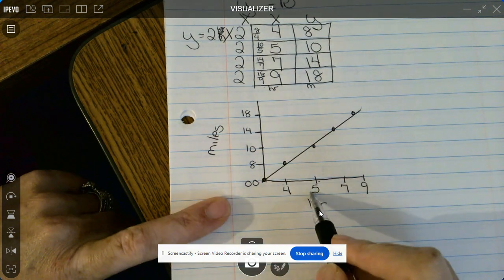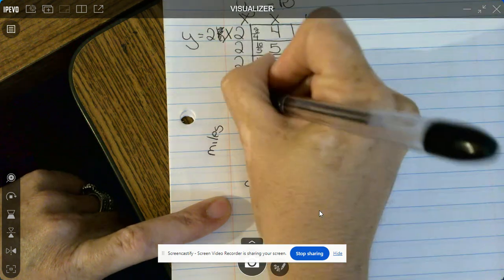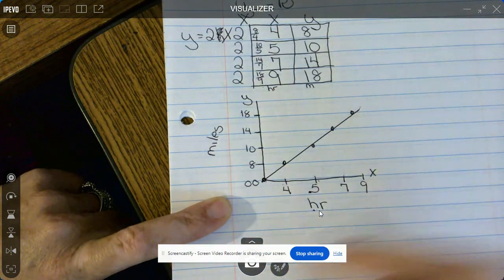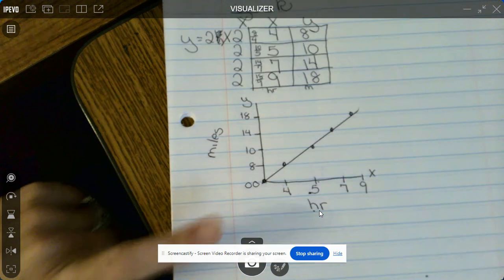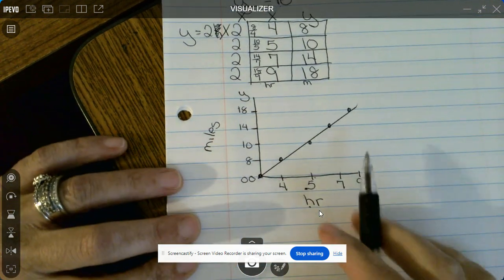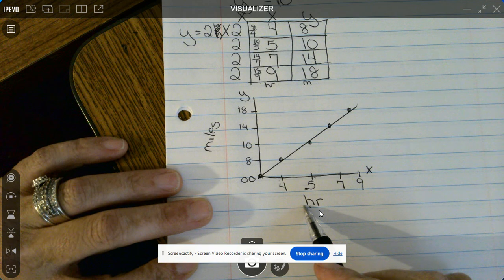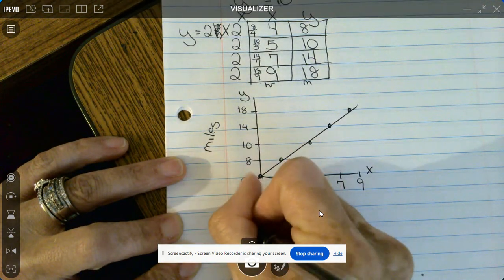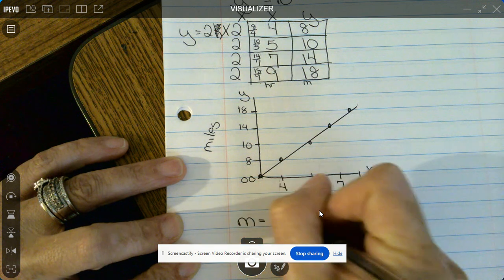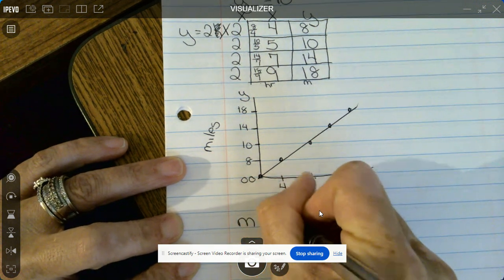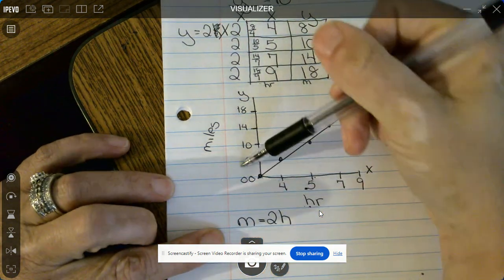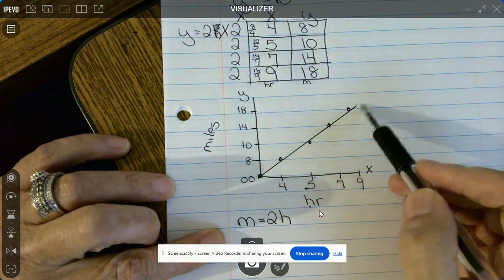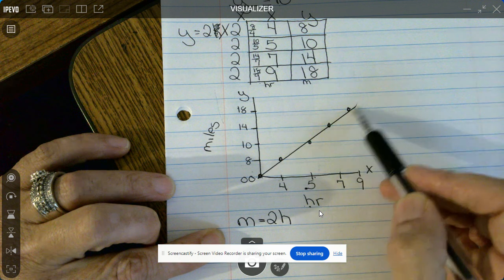So let's say that this is our y-axis, this is our x-axis. You can also see it now that with our new curriculum, you might see it as m equals 2h. So this is m, for our miles, equals 2, which is our constant of proportionality.